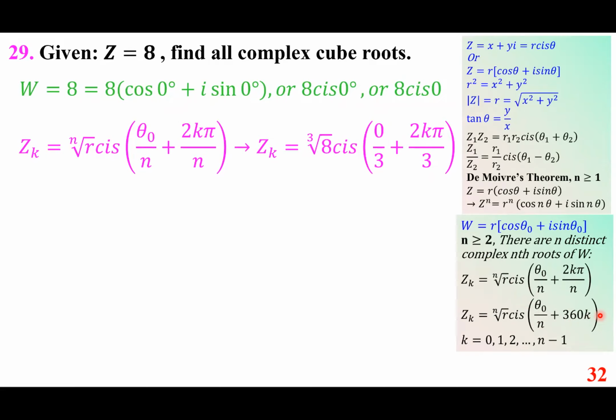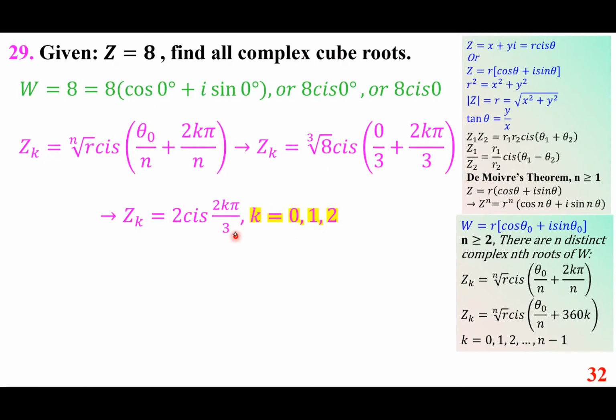And since this is 0, we have just this part. And as you know, cube root of 8 is 2. So 2 cis 2k pi over 3, and we replace the k with 0, 1, 2. Again, why is that? Because when we say cube roots, n becomes 3. That means the third root.